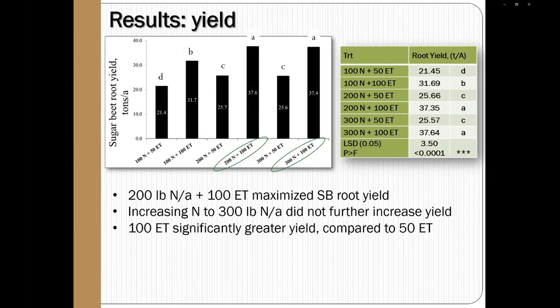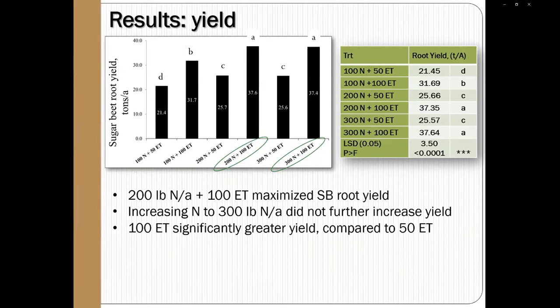For the sugar beet root yield results, the 200 pounds of nitrogen per acre in combination with 100% applied water maximized sugar beet root yield in our study, and increasing nitrogen to 300 pounds of nitrogen per acre did not increase yield any further.